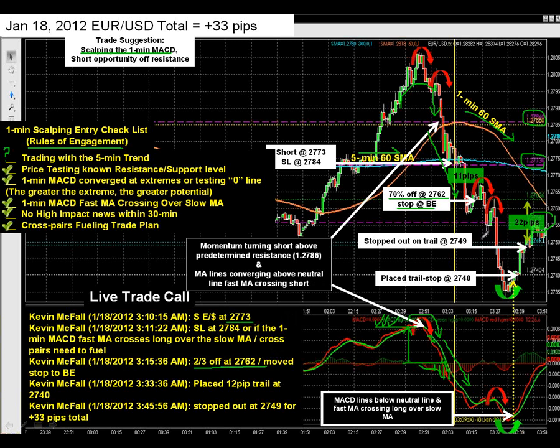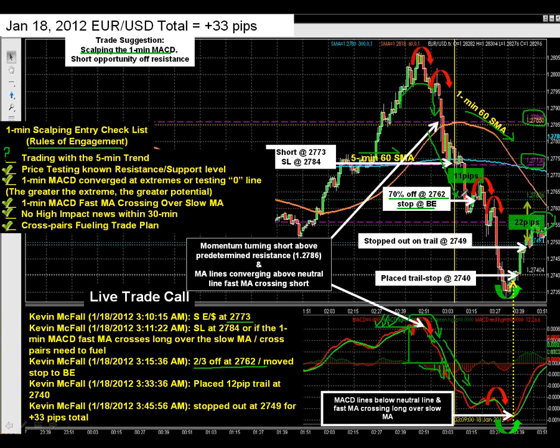And at that point, momentum is still moving this pair shorter. And so we're also coming down near, you can see here we broke support at 27.72-73 area, and so we're able to get our pips that we need. Now we're looking to see if we can get more out of this.